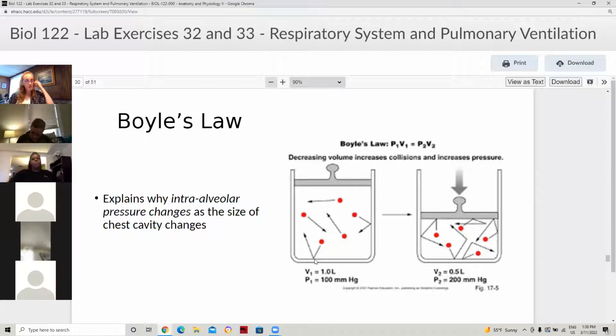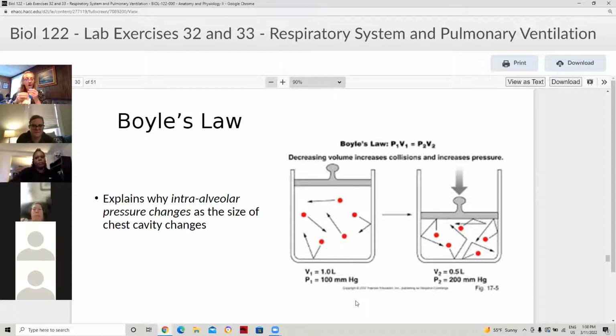I want some comments. Help me with some suggestions. Take a deep breath. Well, how does that work? It would increase your chest cavity, which would increase the volume inside. So it'd be less pressure.